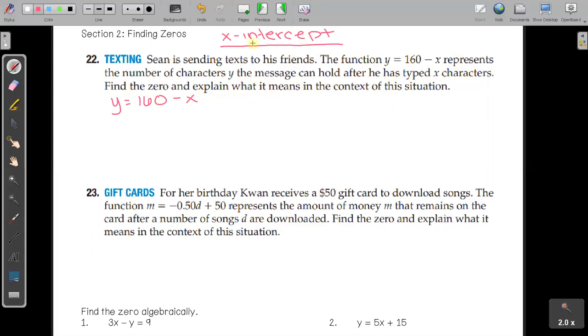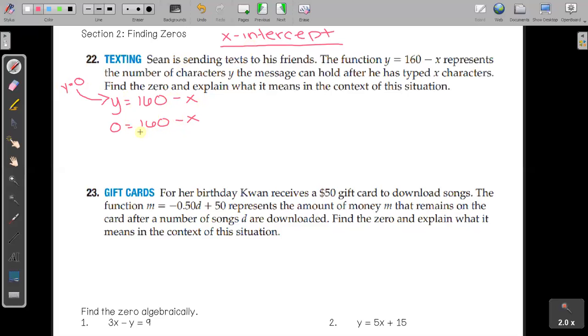If we need to find the x-intercept, the x-intercept is going to be when y equals 0. So we're going to substitute 0 for y and solve for x. So we're going to have 0 equals 160 minus x.